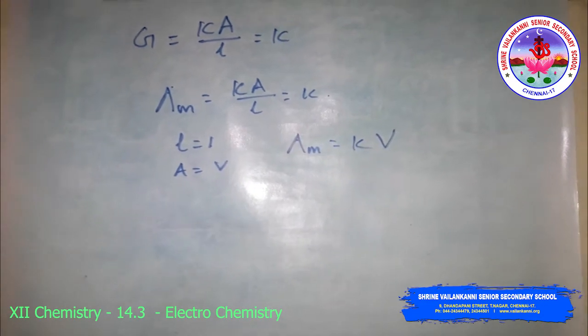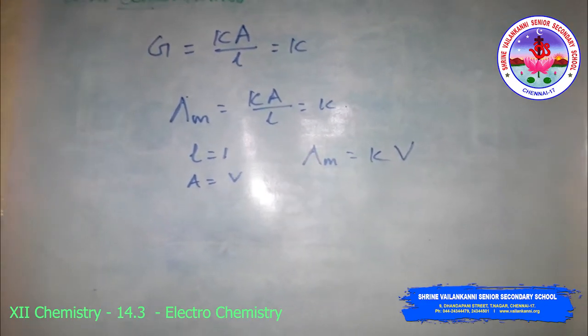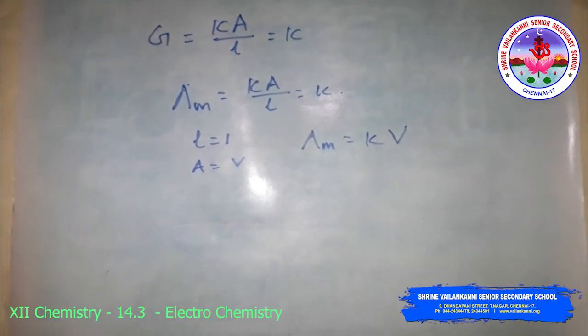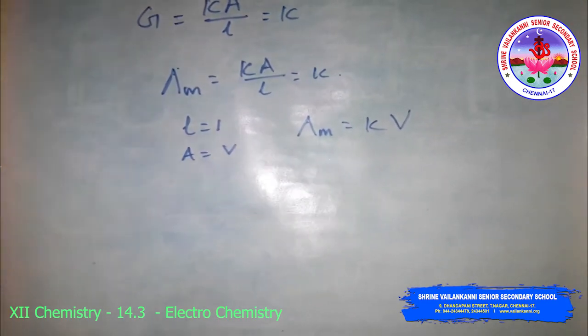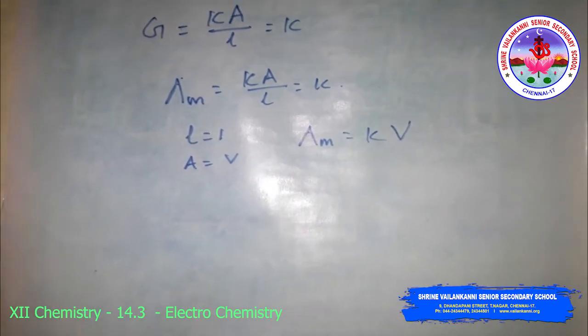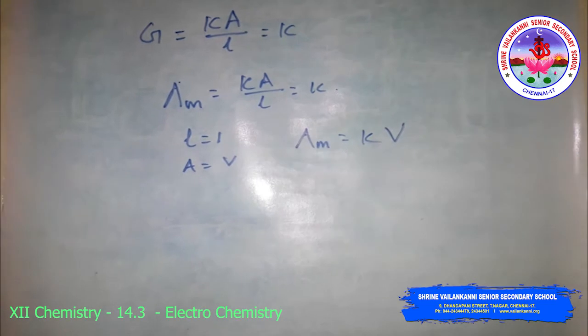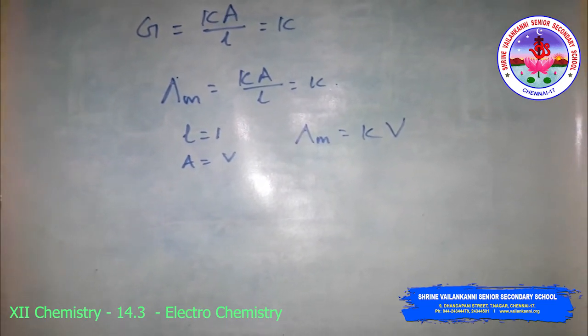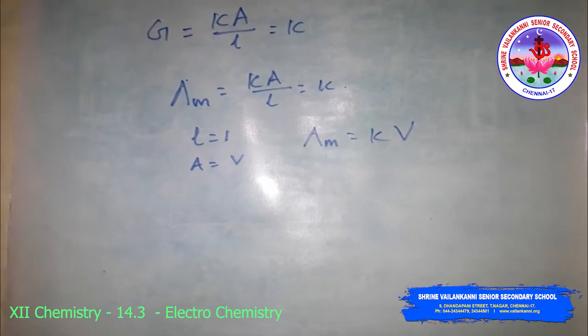Physically, the molar conductivity at a given concentration is the conductance of the electrolyte solution kept between the electrodes of the conductivity cell at unit distance, but having area of cross section large enough to accommodate sufficient volume of the solution that contains 1 mole of the electrolyte.